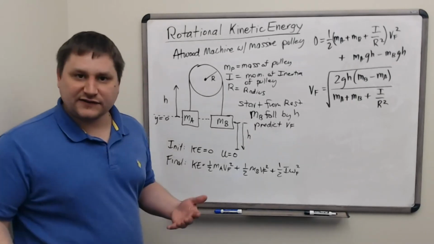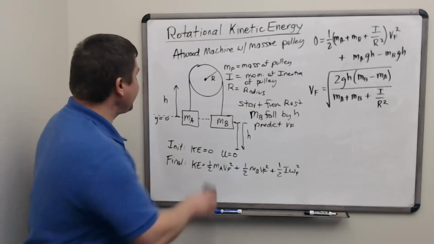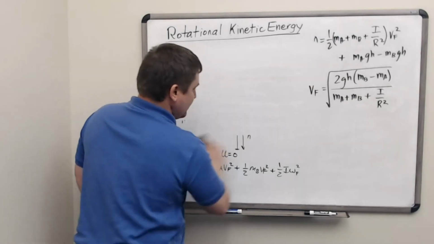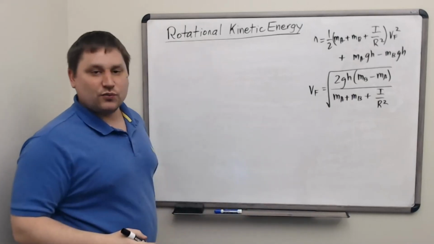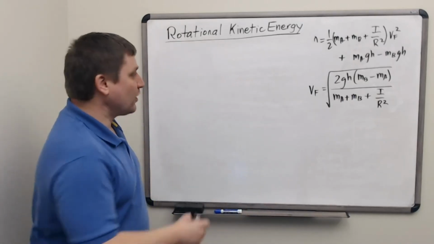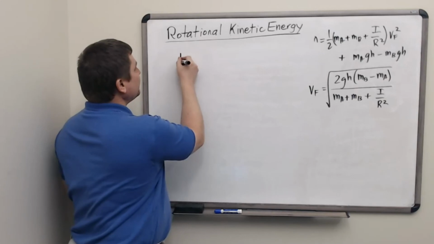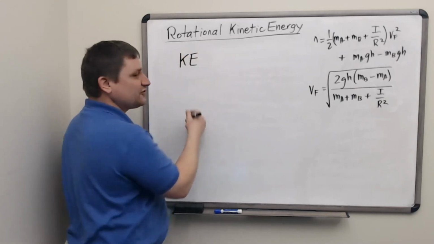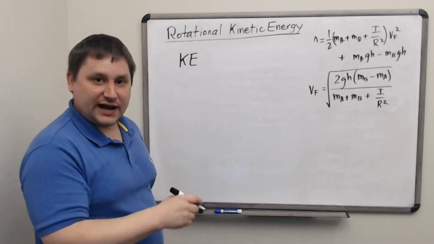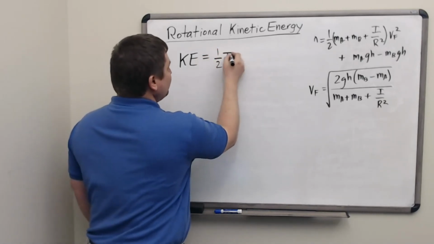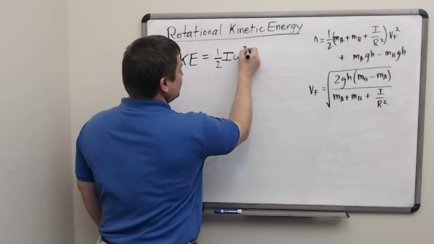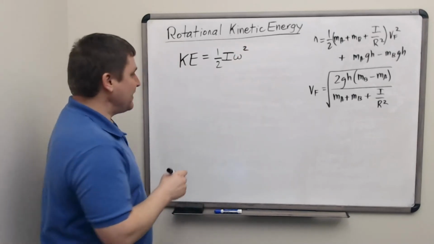So our general summary for using rotational kinetic energy is to set up the problem as a conservation of energy problem, just as we would in previous work. But if there is a part that needs to rotate as a string pulls on it, or rotate as it rolls along the ground, then that also contributes some kinetic energy of the form 1/2 I omega squared.